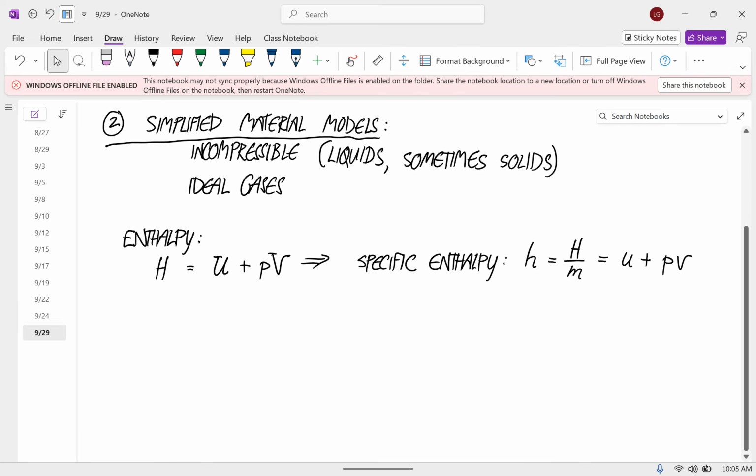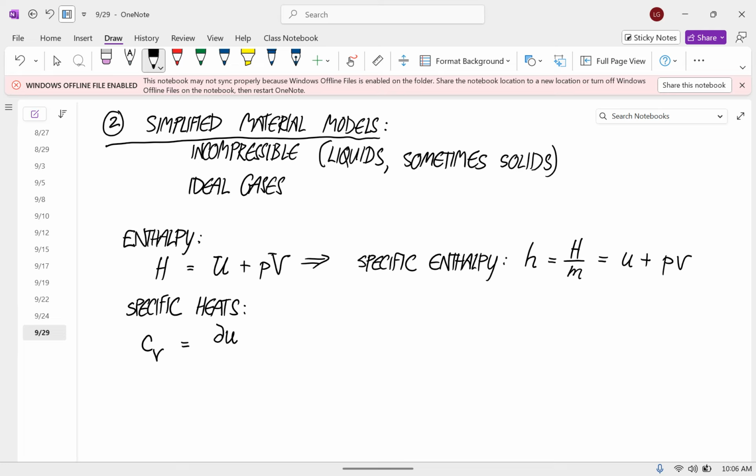And then once we had that definition, we could define specific heats. They have a complicated mathematical definition, but in some cases, this complicated definition simplifies to something easier to use. We had two of them. The first one was the constant volume specific heat, CV, and that is the partial derivative of the specific internal energy with respect to temperature, calculated at constant volume.